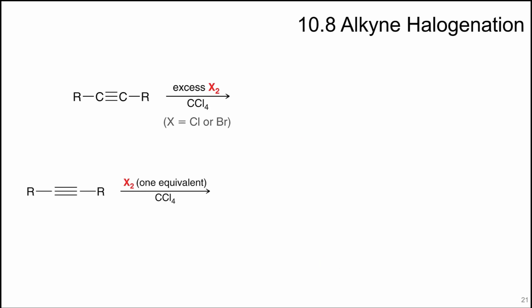We can halogenate alkynes as well. If we have an excess of halogen, we'll add 4 halogens across the triple bond. That occurs in 60 to 70% yield.